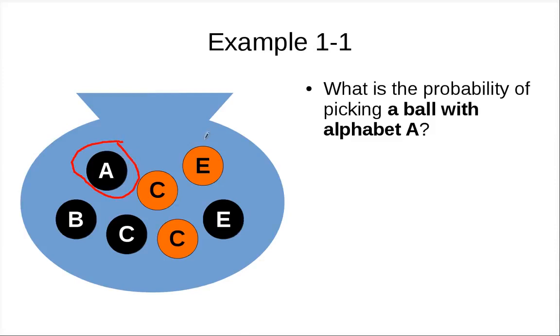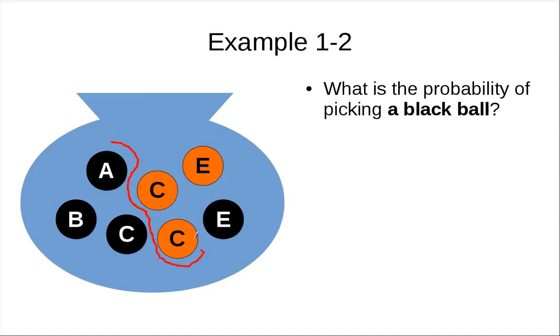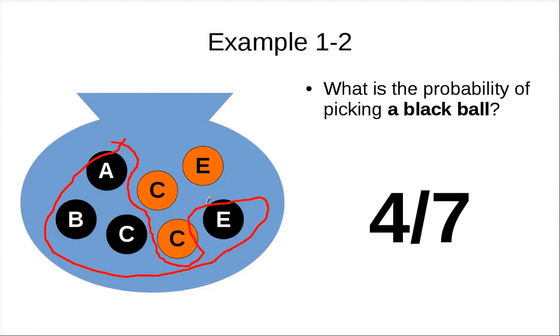So the probability that we're going to get this ball is 1 over 7. Now, what is the probability of picking a black ball? Again, we have to look at this bag and find all the black balls. There are 4 of them. Therefore, the probability of picking a black ball is 4 over 7.